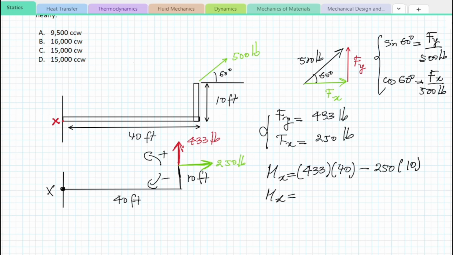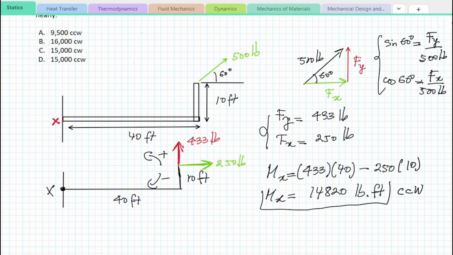If you plug this in the calculator, 433 times 40 minus 250 times 10, that gives us a positive 14,820 pound-feet. Looking at the proposed answers, since this is a positive value and we assumed positive to be counterclockwise, this will be counterclockwise as well.